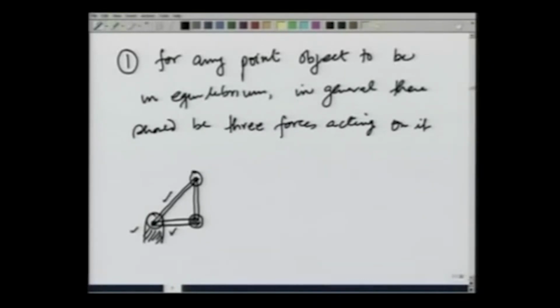However, this joint and this joint are not acted upon by 3 forces, and therefore, to bring these points into equilibrium, I have to provide more forces. I could do that by providing one more rod here, which provides 3 forces to this point, and then make one rod here, so that this point is also under 3 forces, and make a joint here.